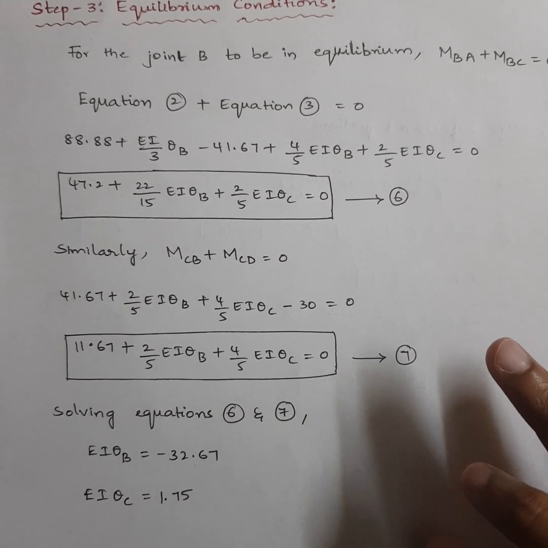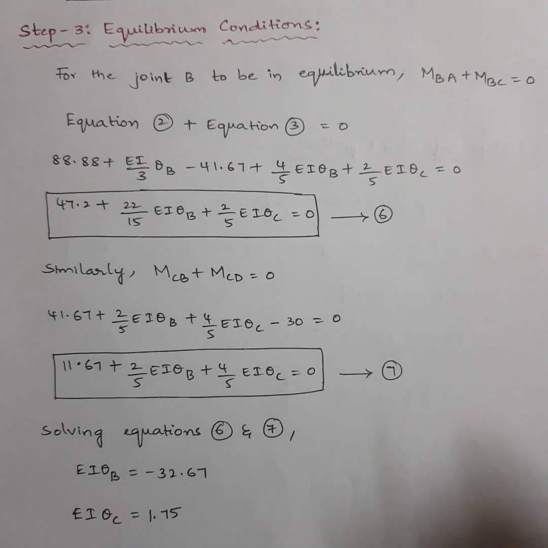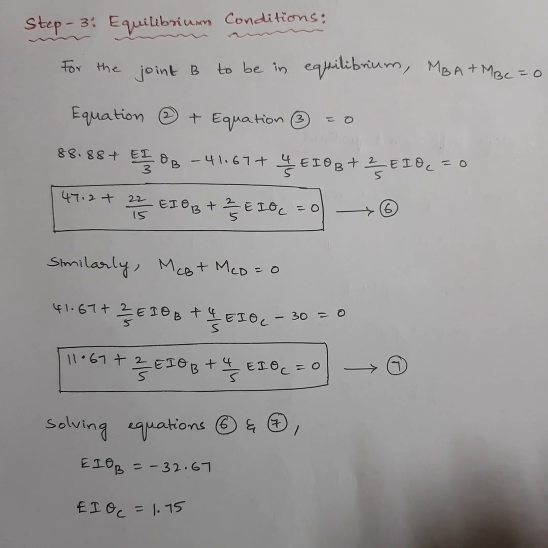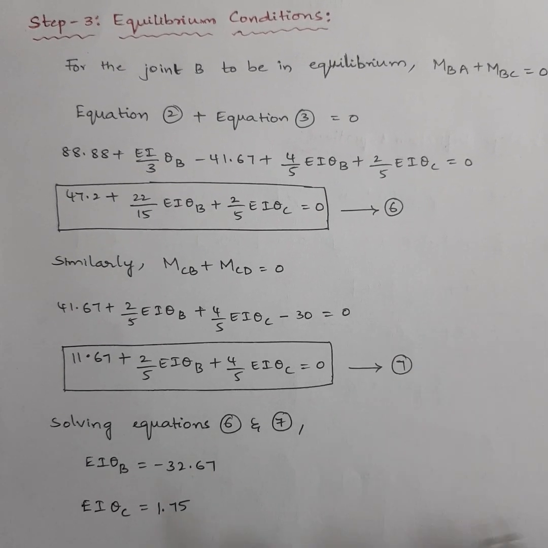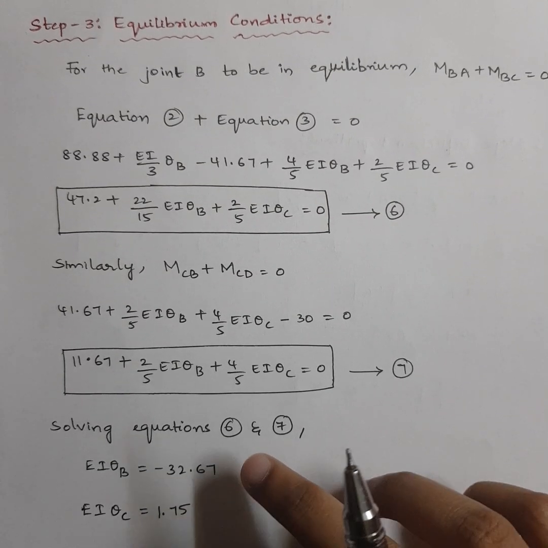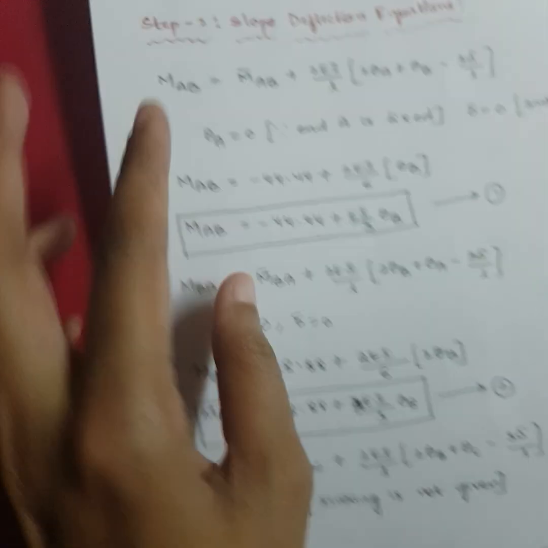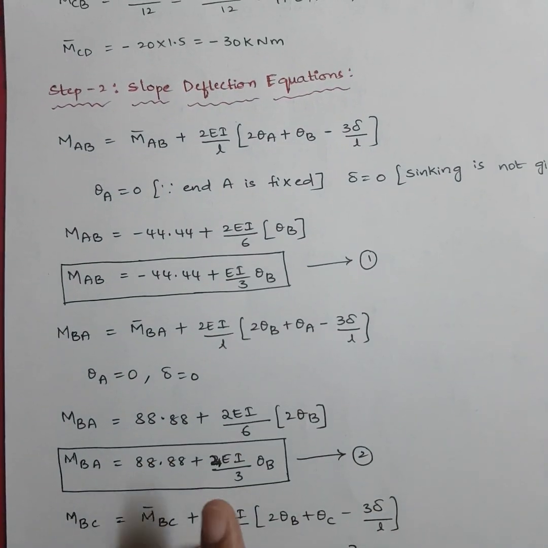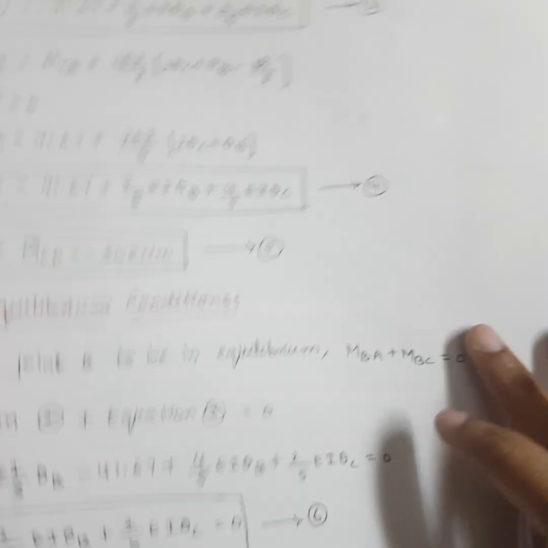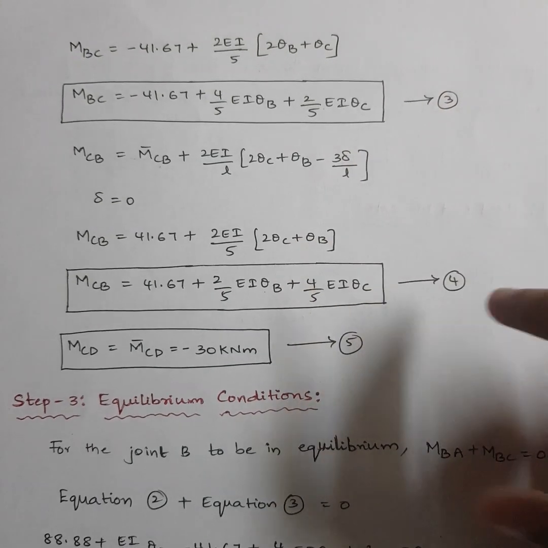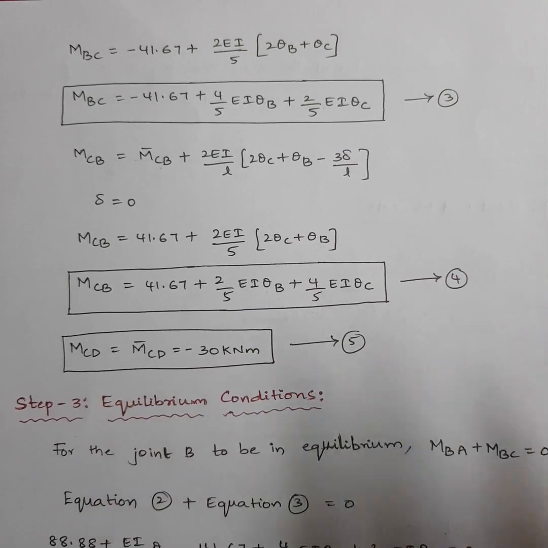So what should I do now? I should calculate the final moments. That will be our step number 4. How will you get the final moments? You have to substitute this EI theta B and EI theta C right from equation 1, equation 2, equation 3 and equation 4. However, equation 5 is already minus 30, we know.